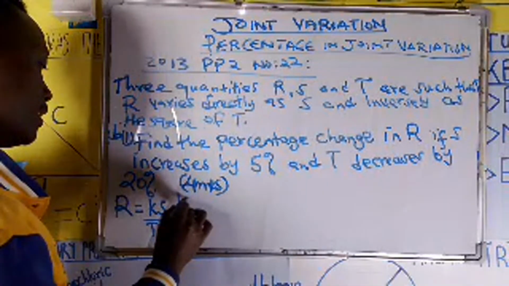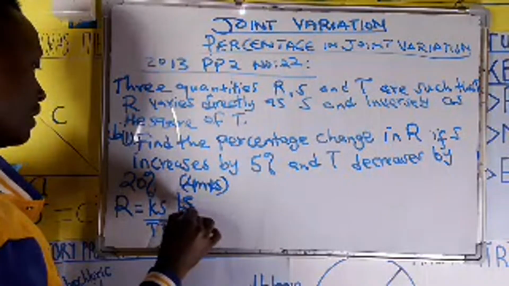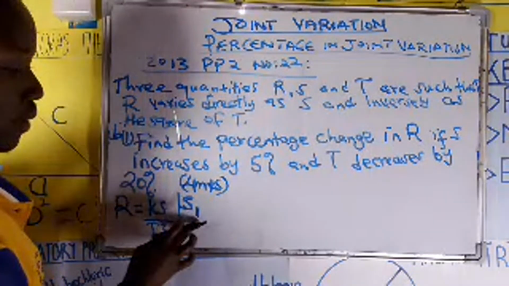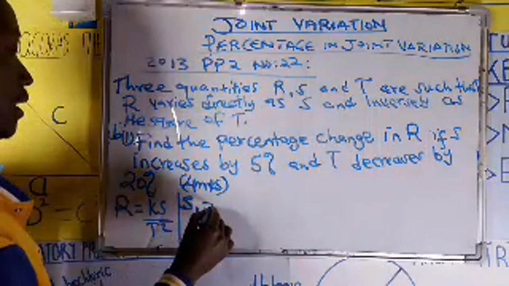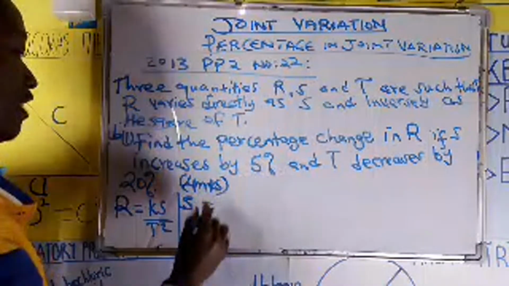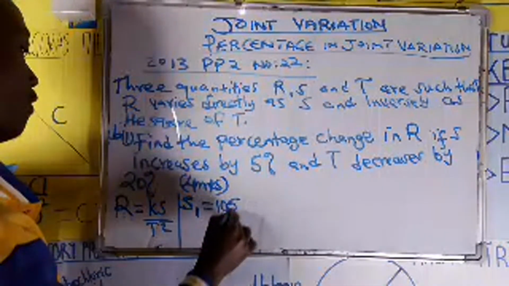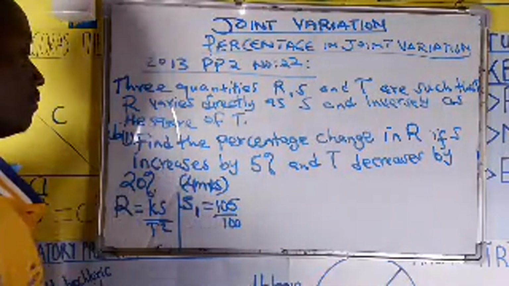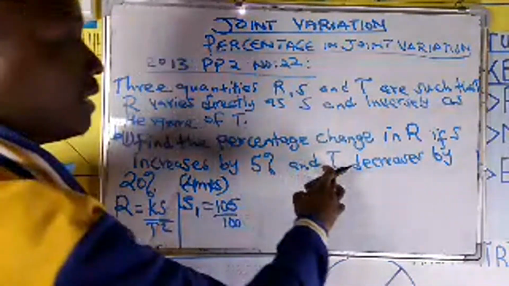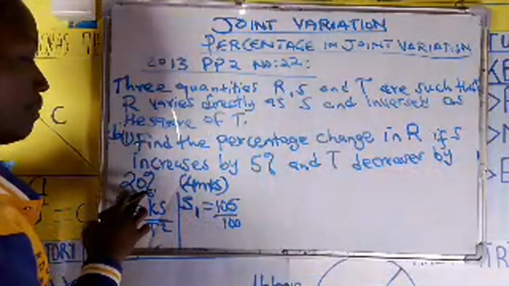So the new S, which we can represent with S1, S1 is representing new S, is going to be, after increasing 5%, 105 over 100, and T decreases by 20%.